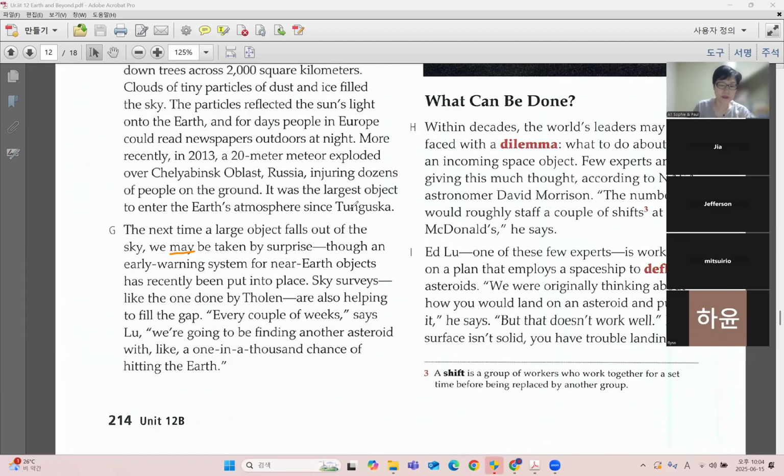What is the early warning? It means the advance notice. And recently put into place. What does it mean here? Put into place means established.